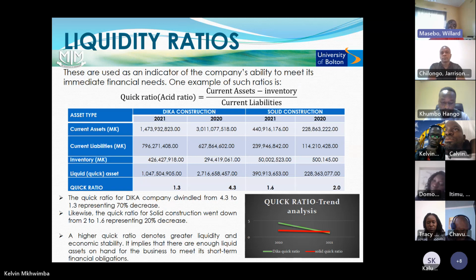A thing which might prompt us to say, okay, maybe these two companies, especially Diga company, should consider looking at their quick assets. How are their quick assets being used? Because the drop itself is a cause of worry, much as it is still on the positive side.